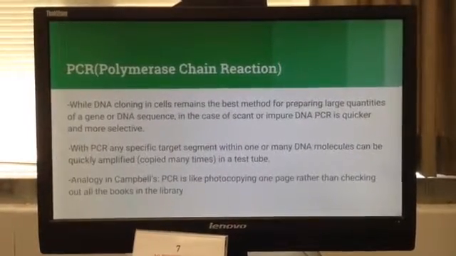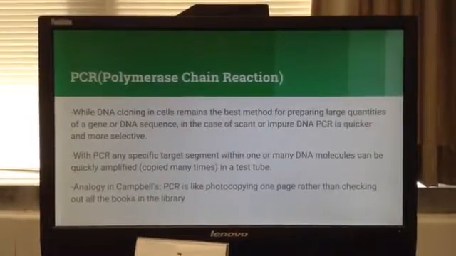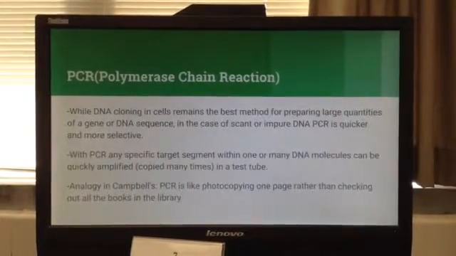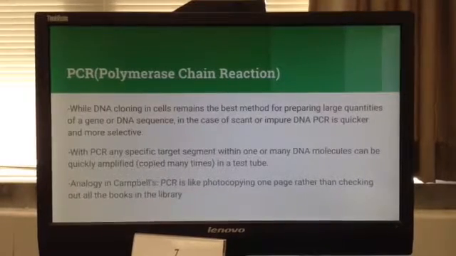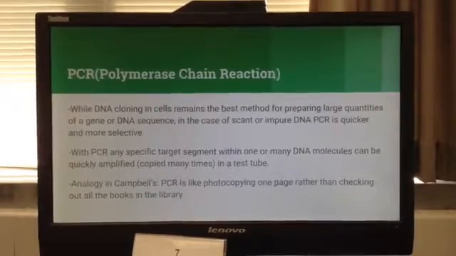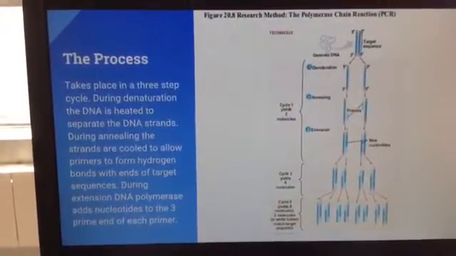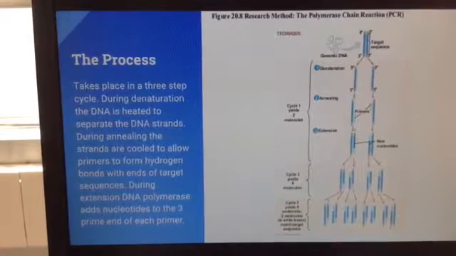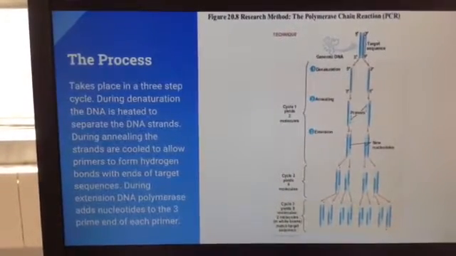The analogy that we have in Campbell's is actually pretty helpful. They say that PCR is like photocopying one page of a book, or one page out of a few different books, rather than checking out the entire book in the library. So now that we understand the function of PCR, we're going to take a look at the process. It takes place in a 3-step cycle, the first step being denaturation.